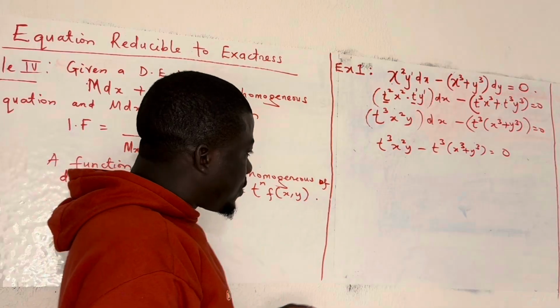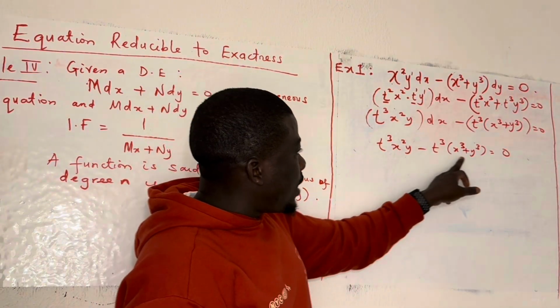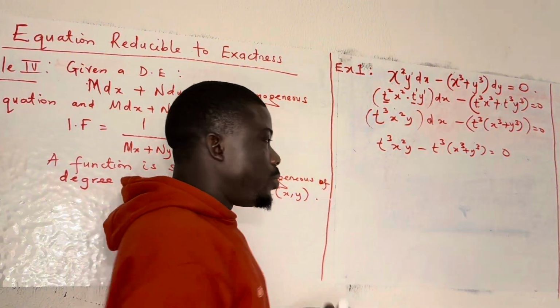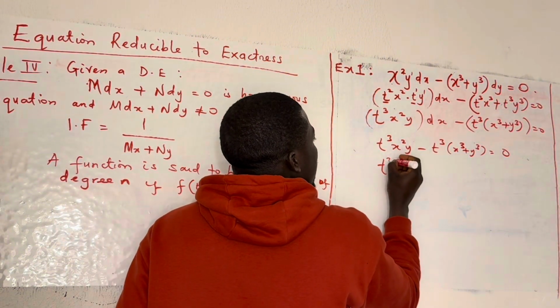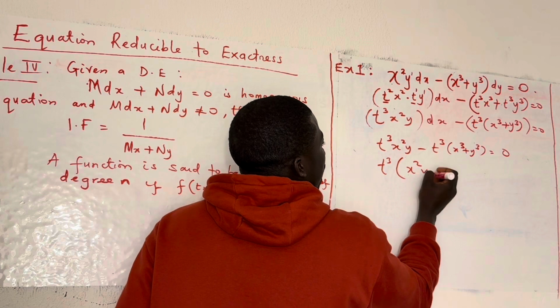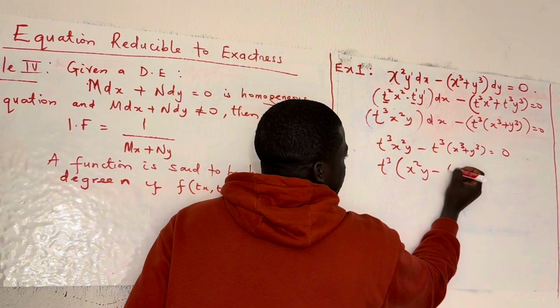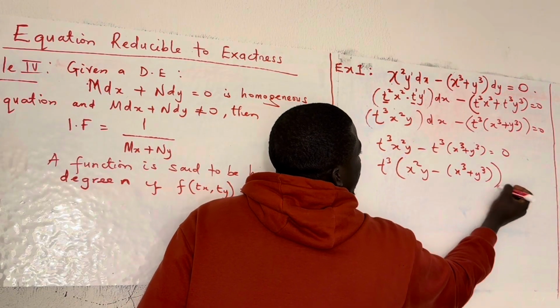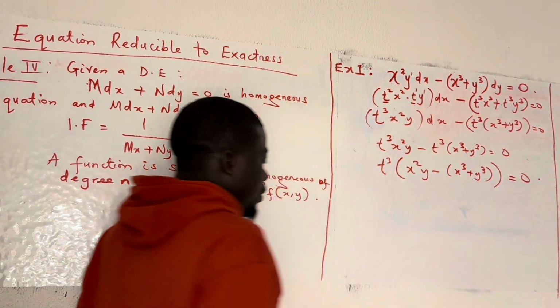Now, if you look at the left hand side and the right hand side, what do you have? You have a common value, which is t cubed. So our t cubed here can be written as x squared y minus (x cubed plus y cubed) all equal to 0.